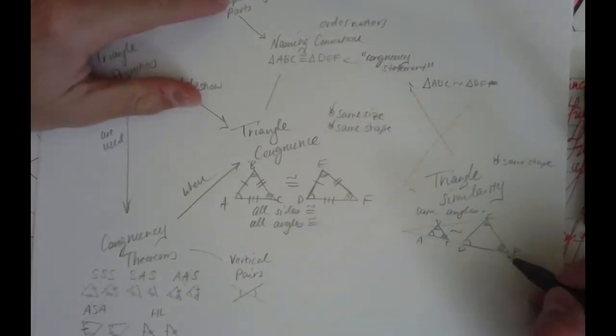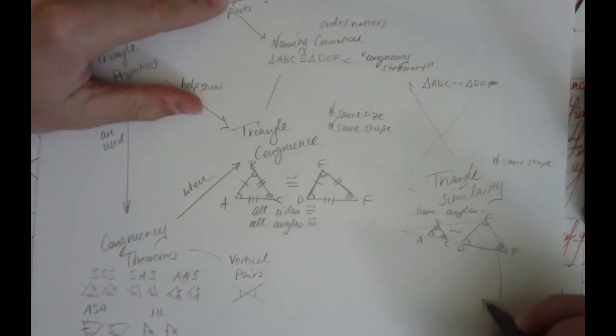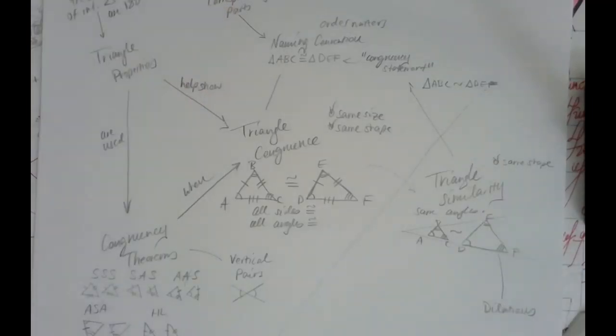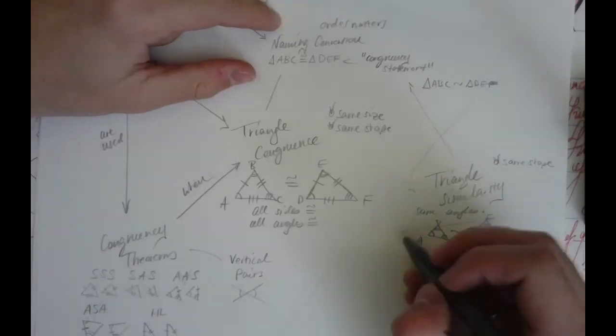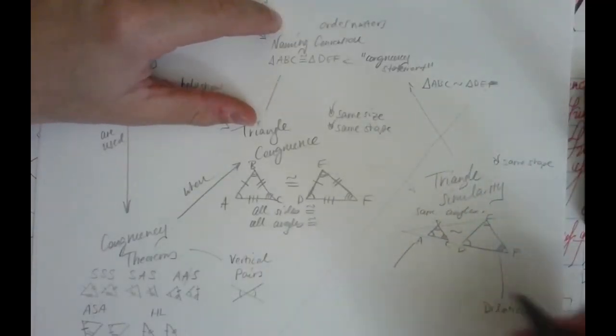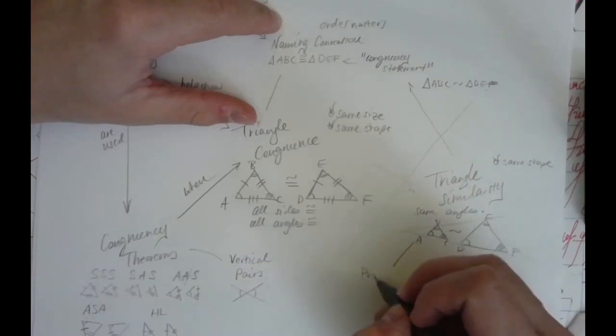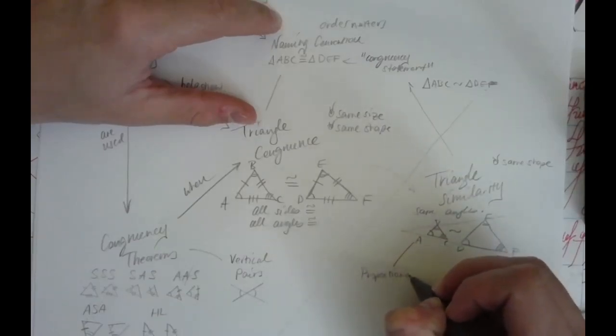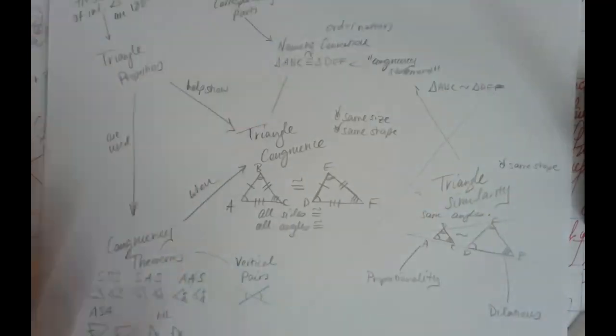In a second, on the next page, we will finally see dilations of triangles, or scale factor, or whatever. Right now, we're going to be checking for proportionality. Whenever you have similar triangles, you get proportionality, which is like being the same up to a scale factor.